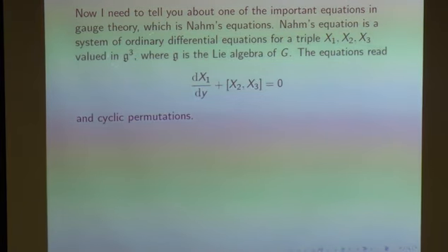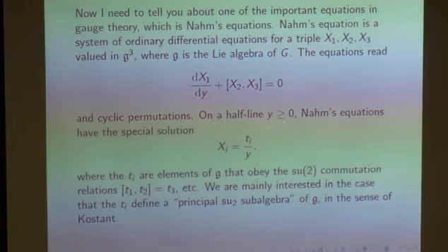Nahm's equation is a system of ordinary differential equations for a triple x1, x2, x3, valued in the Lie algebra of G. The equations read like so: dx1/dy plus the commutator of x2 with x3 is 0, along with cyclic permutations. The equation is invariant under SO(3), rotating x1, x2, and x3.